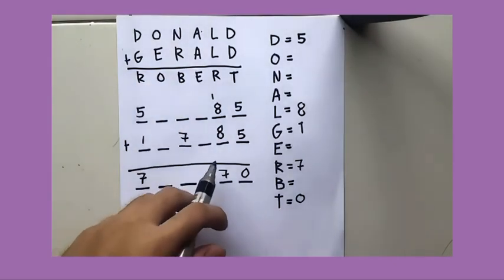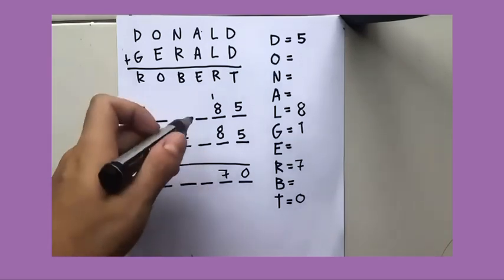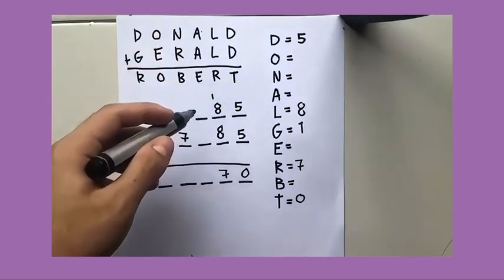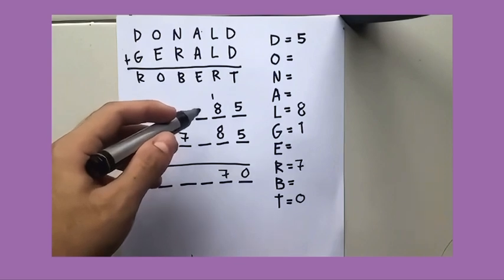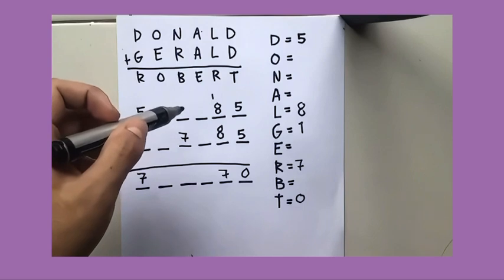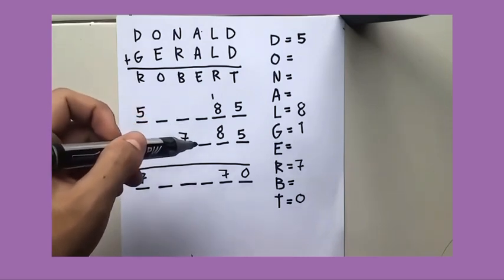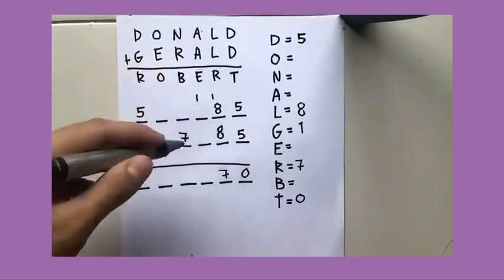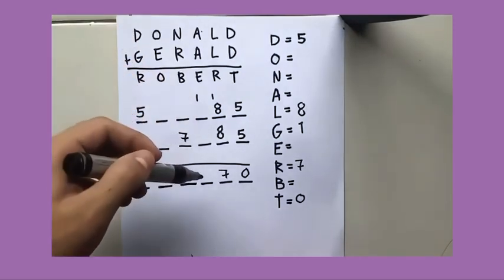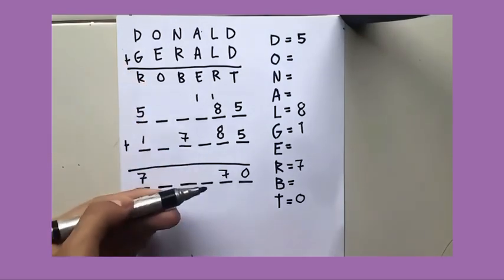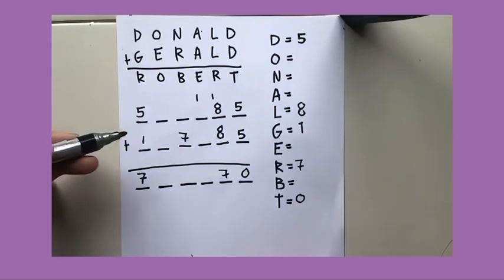8. Next, since we also have both A's, we assume that it is the same, and we will come up with an answer. So we assume that A is equal to 5. If 5 plus 5, there's a carry 1 here. 5 plus 5 is equal to 10 plus 1, that is 11, we will be having a 1 here, but we already have a 1 here.